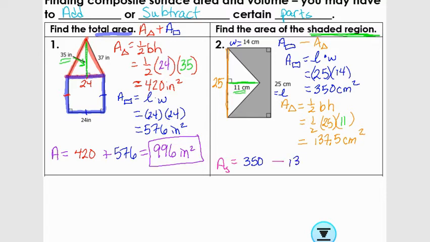Oops, let's change colors to keep that coordinated so we can tell where those numbers came from. 137.5 was the area of the triangle that we're subtracting. And that gives me an area of the shaded region that equals 212.5 centimeters squared.